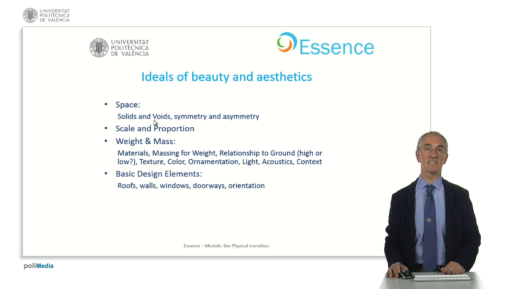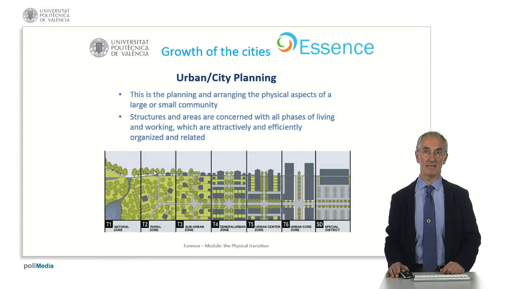These space design, scale, weight, mass, and basic design elements are met through materials. So the architectural design is including all this in the built environment, and again, they should be considered as constraints which are evaluated in our final performance analysis on the BIM model for the building.